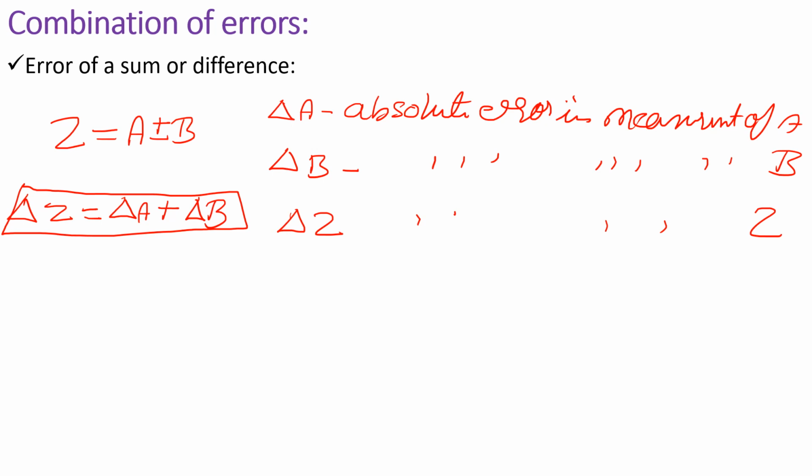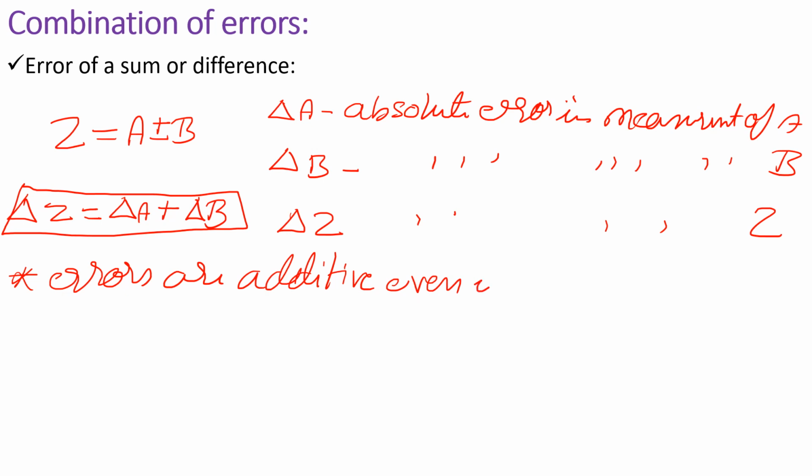There is no subtraction in the error. Error will not decrease even if you subtract any physical quantities. When you subtract any two physical quantities, always the error gets added up only. Always errors are additive in nature, even if we add any two quantities.